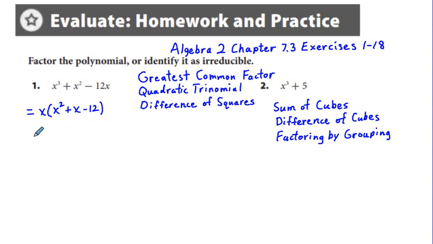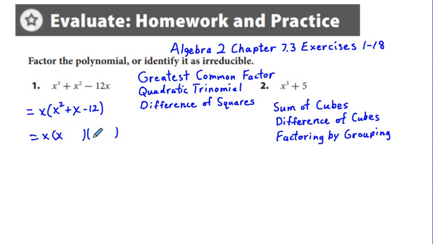And so now what we have is x times what we hope to be a quadratic trinomial. I usually just set up my parentheses like this, x squared plus x minus 12, with the coefficient of x squared being 1, a pretty simple one if this is indeed factorable. I think it is.